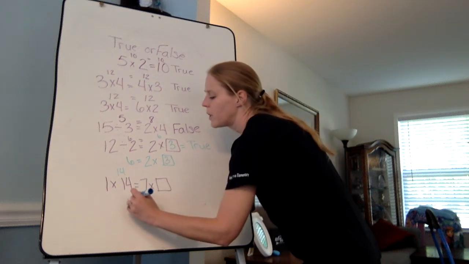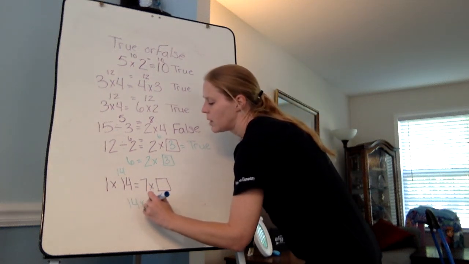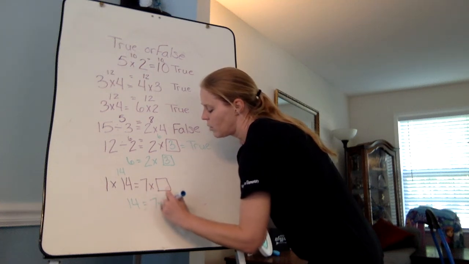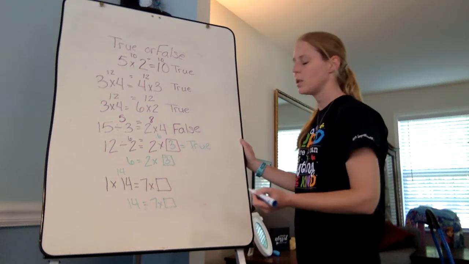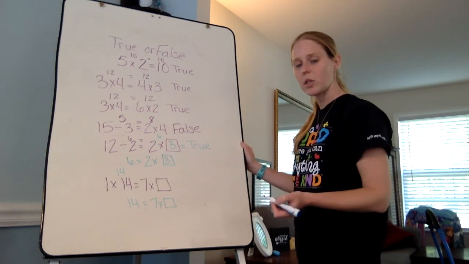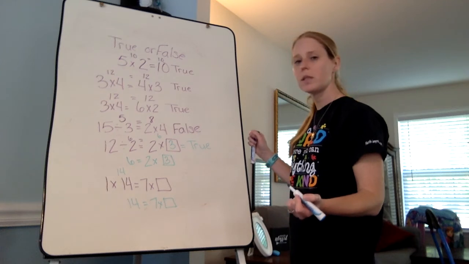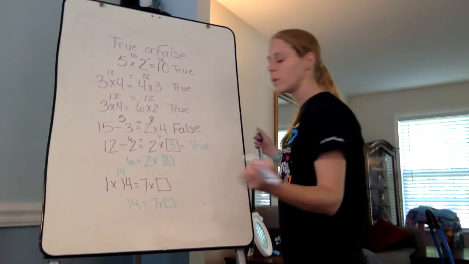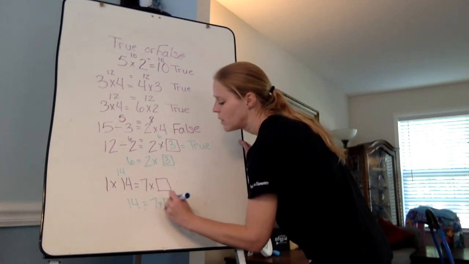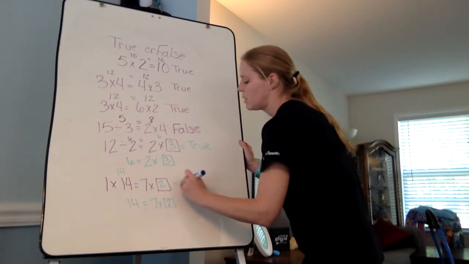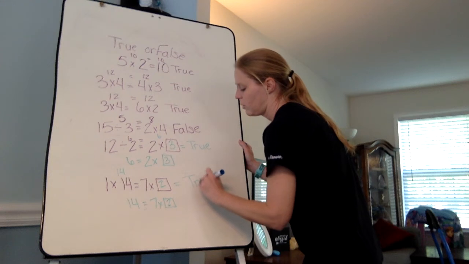So now I'm looking at 14 equals 7 times what number? Because we want to make it true. We want to balance out our equation, so not one side's heavier than the other. So 7 plus 7 is 14. So I have 2 groups of 7. 7 times 2. And that will make this true.